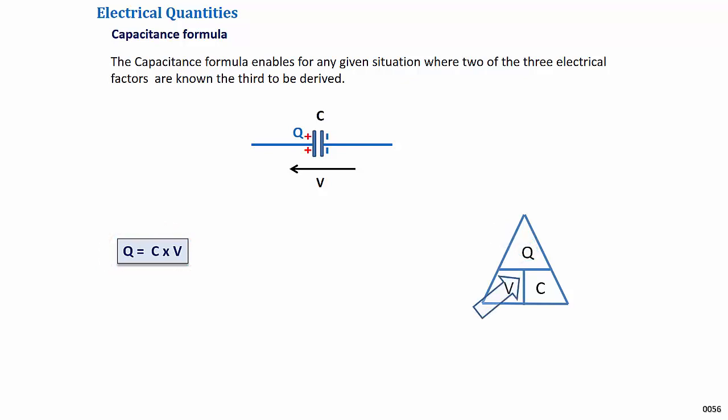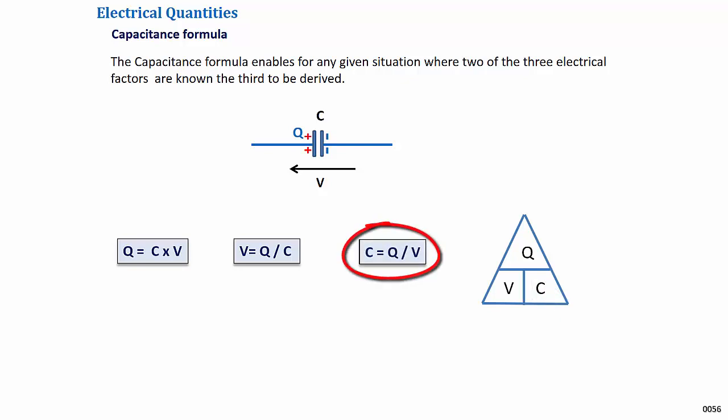If the charge and the capacitance are known, then the voltage across the device may be found. If the voltage and the charge are known, then the capacitance may be calculated.